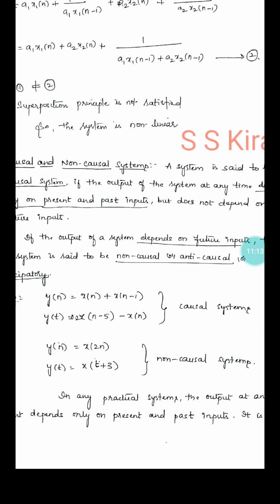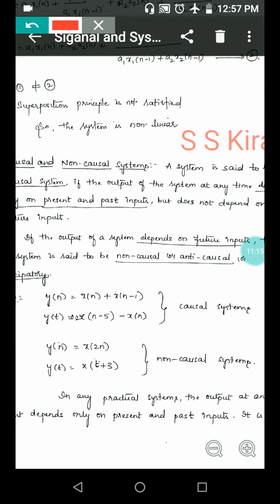I will show some mathematical forms. See here, y of n equals x of n plus 1 by x of n minus 1; x of n is the present and past input. Here a non-causal system depends upon future inputs, like 2n plus 3.